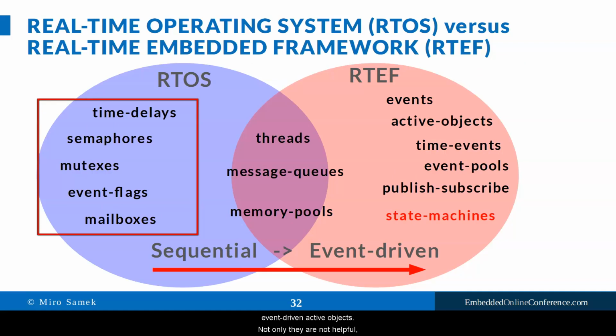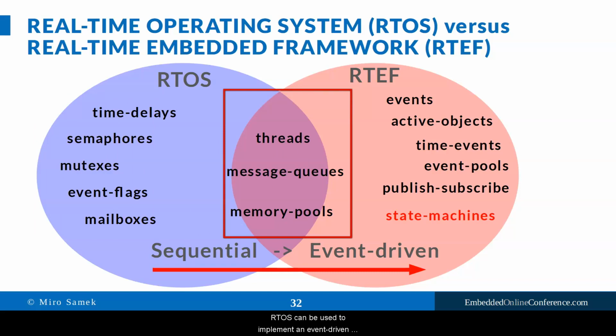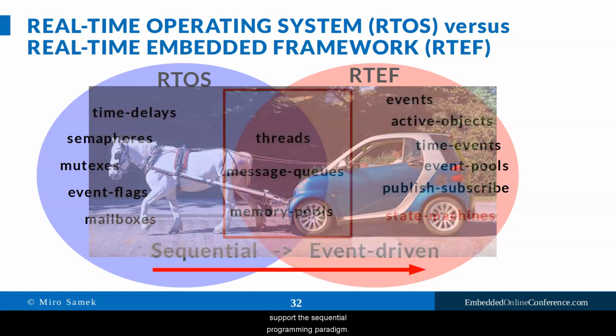Not only are they not helpful, they are outright harmful, because most of them are based on blocking, which is not allowed in event-driven systems. In the end, even though a traditional RTOS can be used to implement an event-driven framework, it is not the best fit. This should not be that surprising, because an RTOS has been specifically designed to support the sequential programming paradigm.